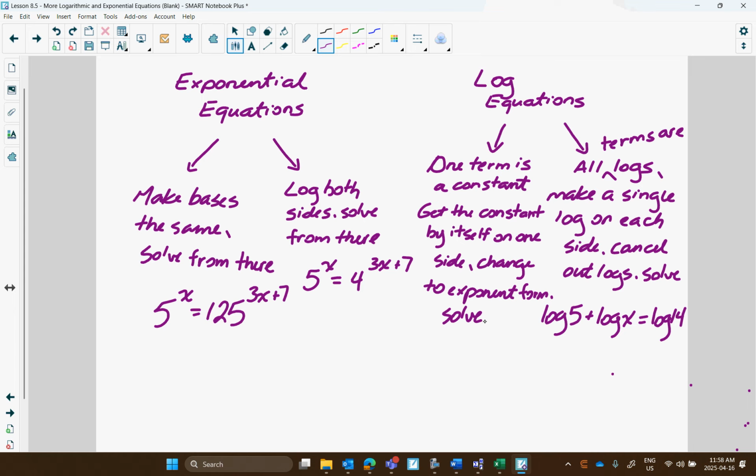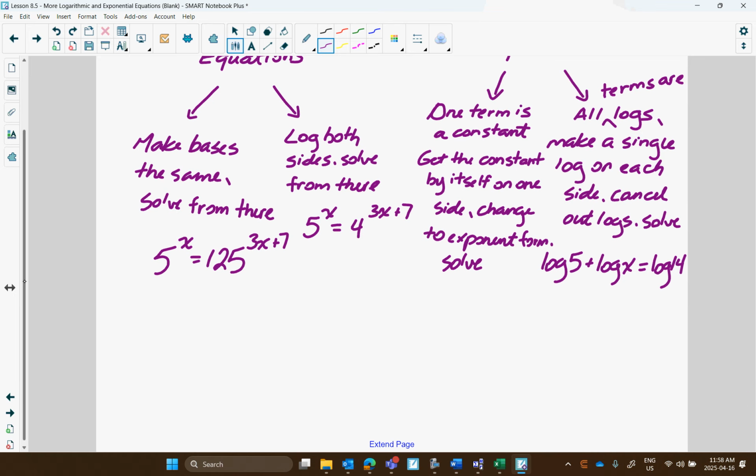So an example here would be log 5 plus log x equals 4. So this one you'd have to combine it to log 5x.